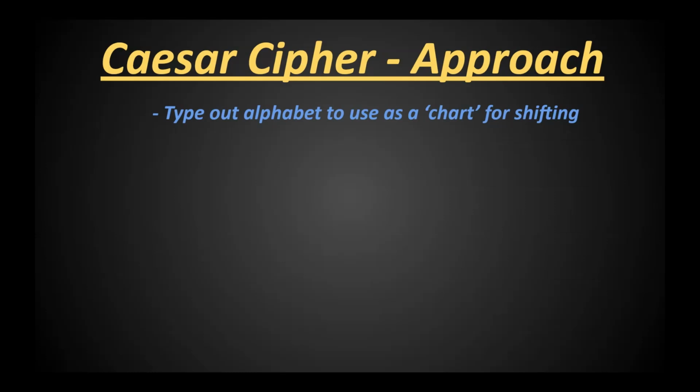The shifting relies on the order of the alphabet, so why not use the alphabet as a guide, where as I look at each letter, I can index into the alphabet and then shift forwards or backwards based on the index. So you get a letter, you look up the index, and then you shift forward or backwards, really adding to or subtracting from the index to get the other encrypted letter, as it were.